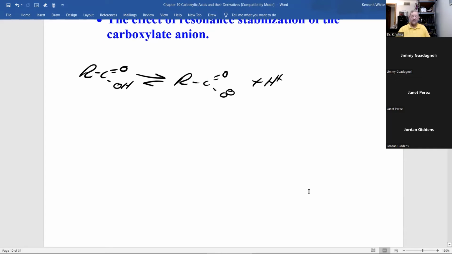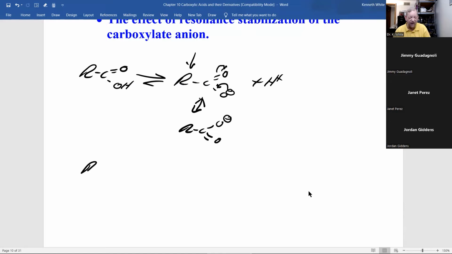Now in an acid, when I form the carboxylate anion, I can move the electrons and form another resonance form. And this is different from just rotating it. This is actually another form.